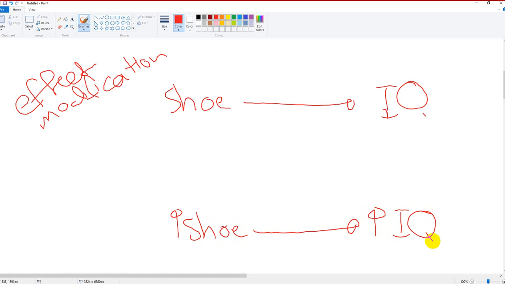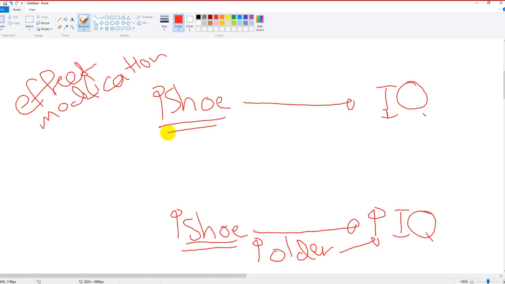But in fact, it's not the shoes. The people who have a high shoe size are, what do you think? Older. Yes, exactly. They're older, that's why they have higher IQ. So that's effect modification. Effect modification is not a bias. We can't remove it. It's just a modification, just a connection.